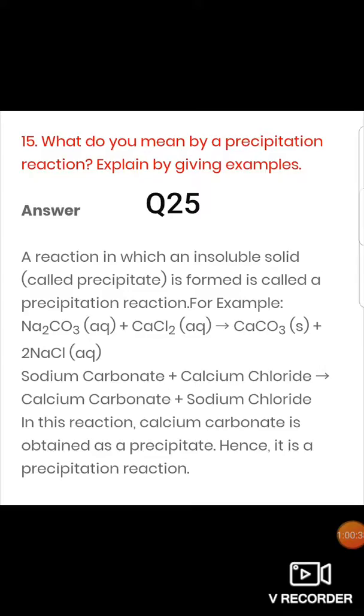Sodium carbonate plus calcium chloride gives calcium carbonate plus sodium chloride. In this reaction, calcium carbonate is obtained as a precipitate, hence it is a precipitation reaction. Insoluble solid is a substance which cannot dissolve.